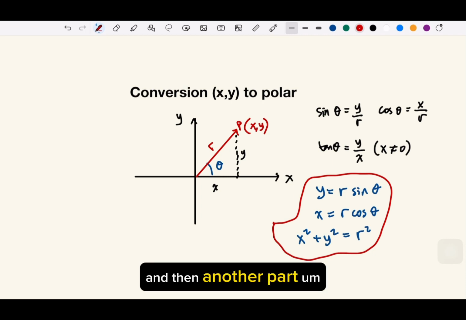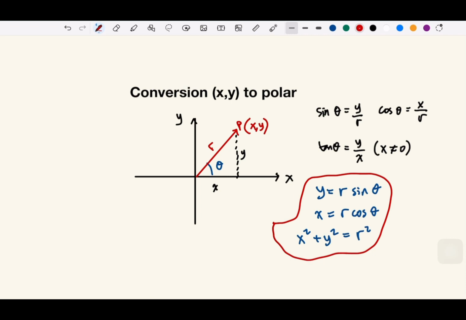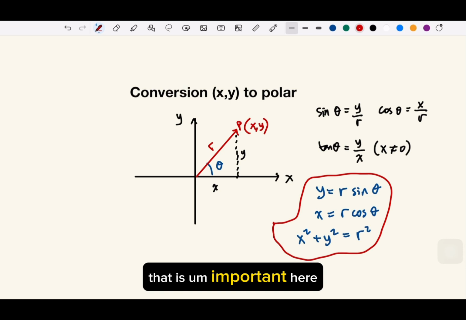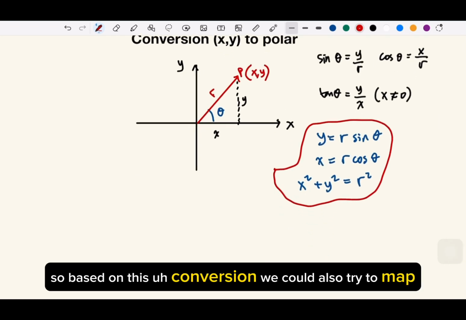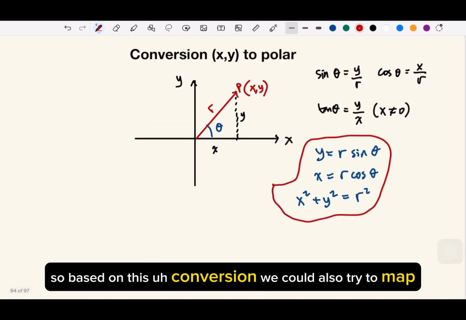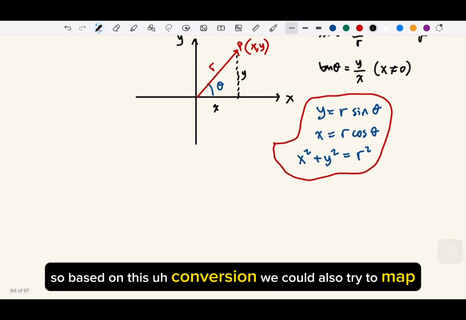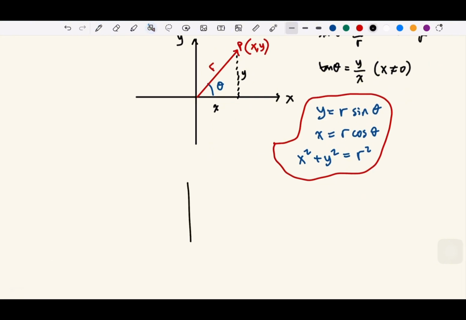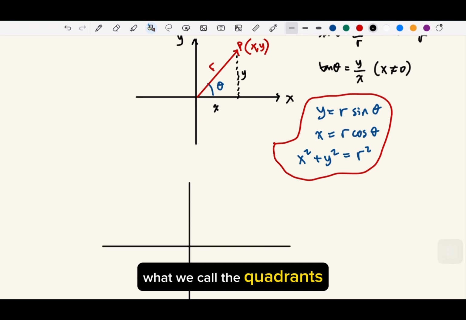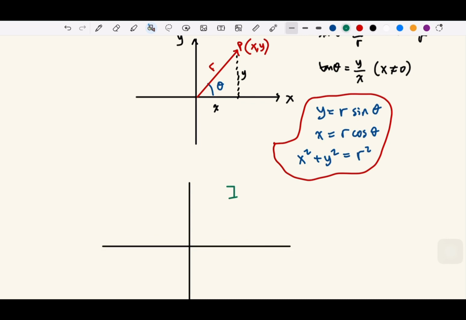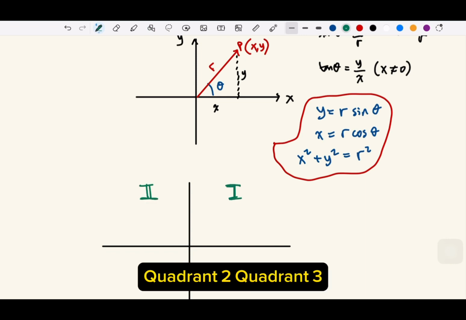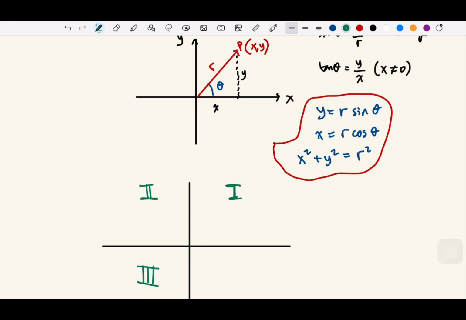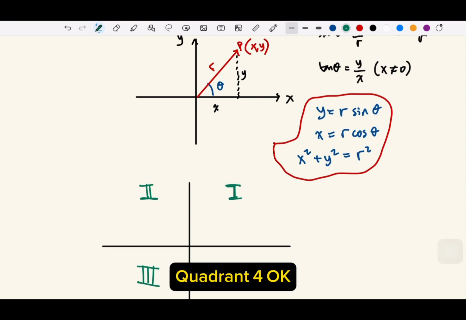And then another part that is important here. Based on this conversion, we could also try to map what we call the quadrants. So this is quadrant 1, quadrant 2, quadrant 3, quadrant 4. Okay.